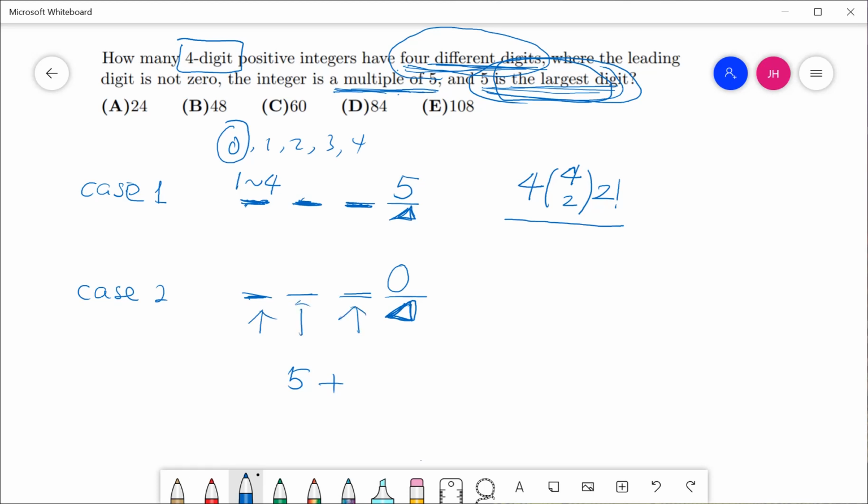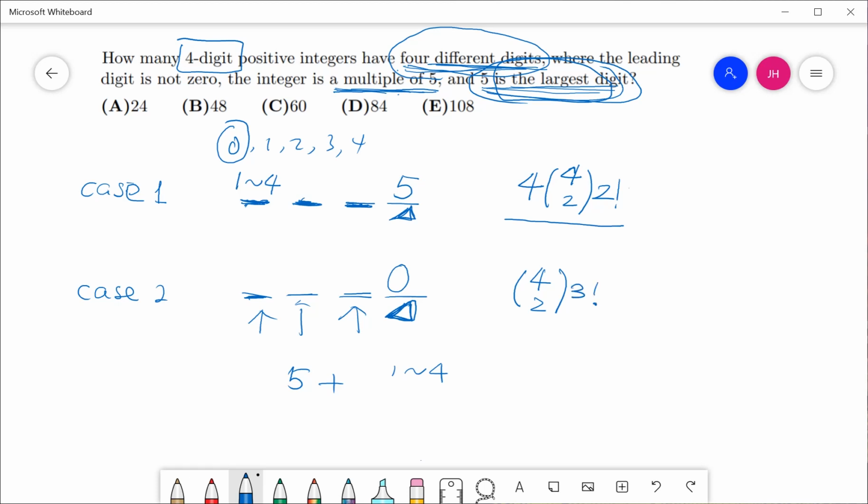So how many choices are there? We should choose 2 from 1 to 4, and then, together with 5, fill in these 3 places. So it's 4 choose 2, plus the 5. We still have 3 numbers to fill in, so we need to permute these 3 digits. That will be 3 factorial.